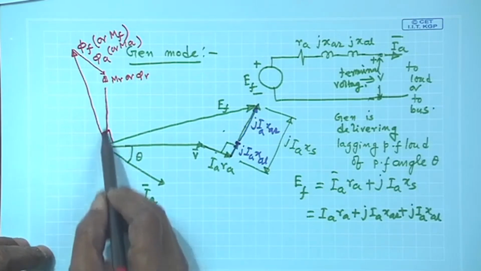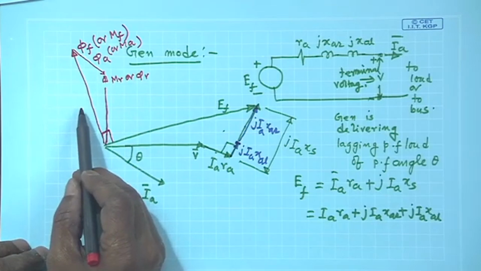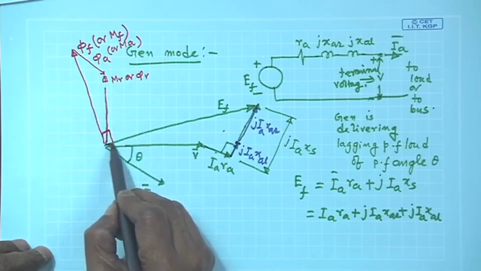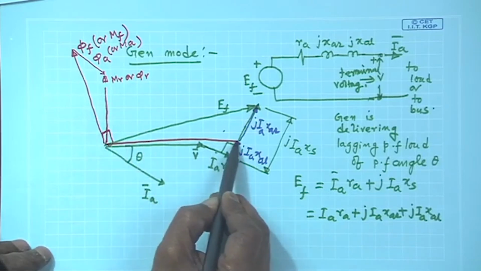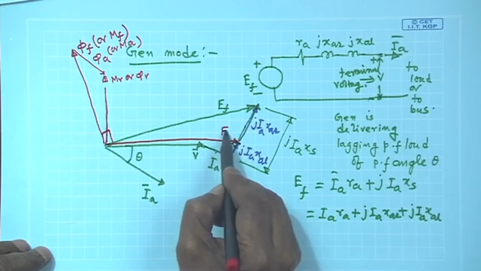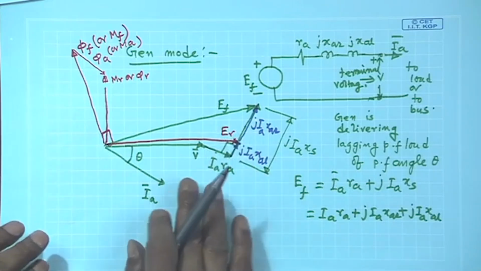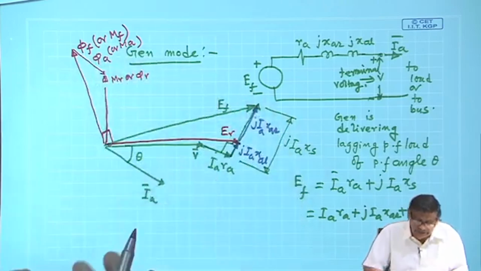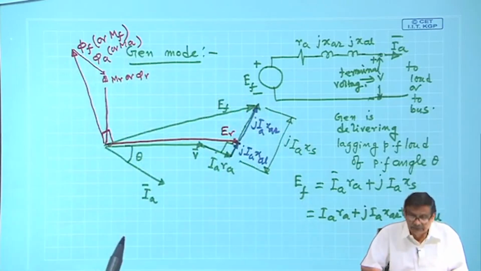So, this is the resultant field, this is the rotor field, and you know phi R will give you ER; ER will land up here. Anyway, we will continue this in the next lecture, but please understand this phasor diagram thoroughly. Okay? Thank you.